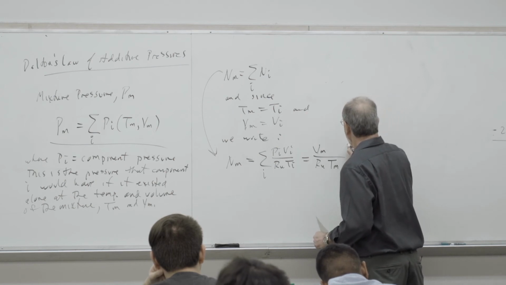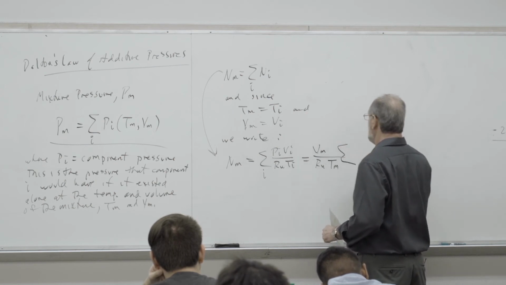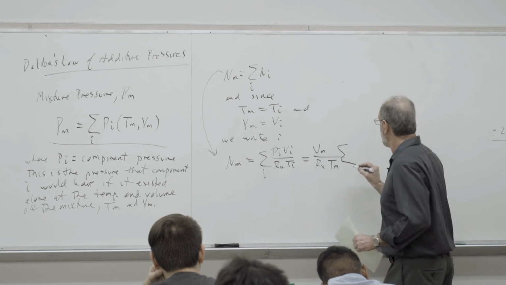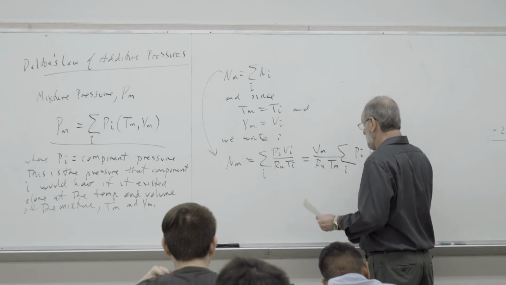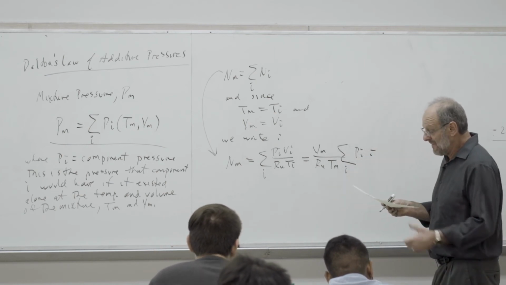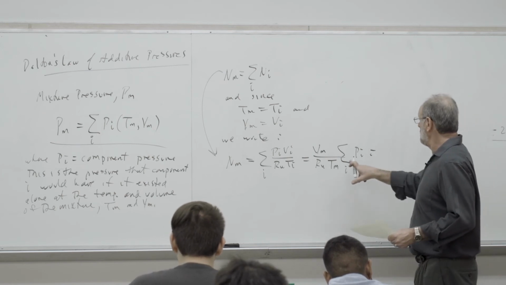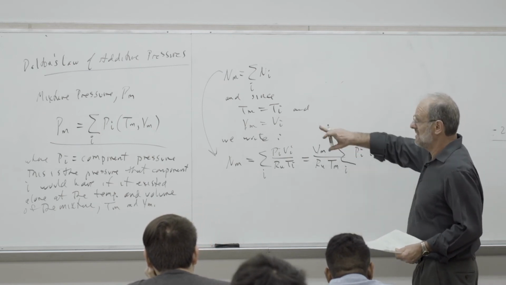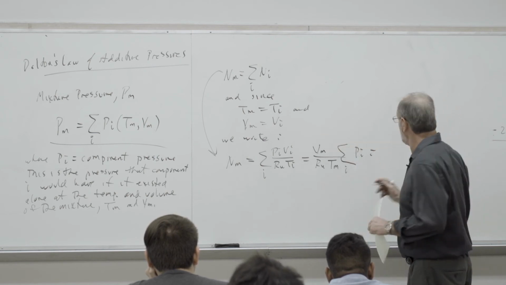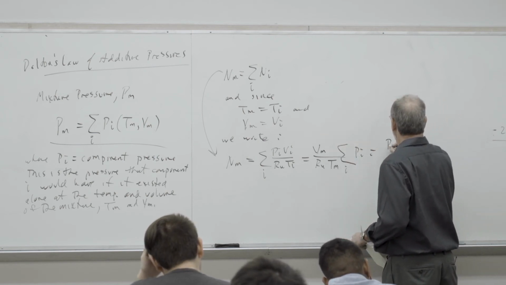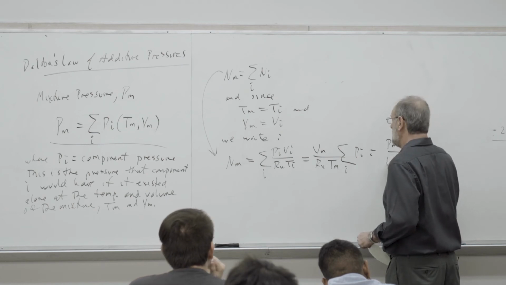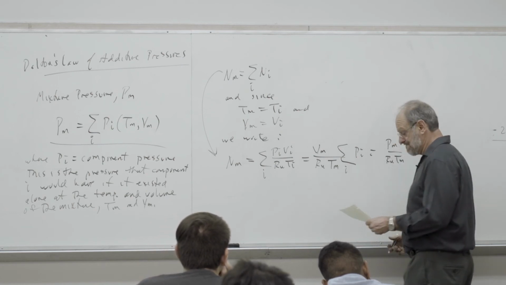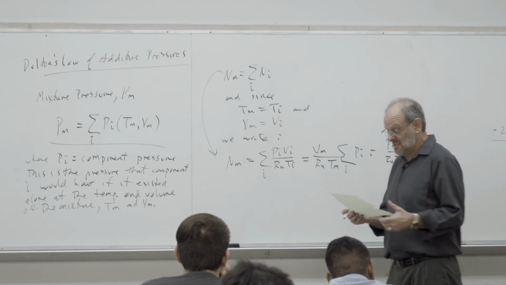And then all that we're left with is a summation over pressure. So sum over all i of Pi. Okay. And again, we would note that the sum over all the component pressures is going to equal the pressure of the mixture. So this is now Pm Vm over R universal Tm. And in fact, this is essentially the same.